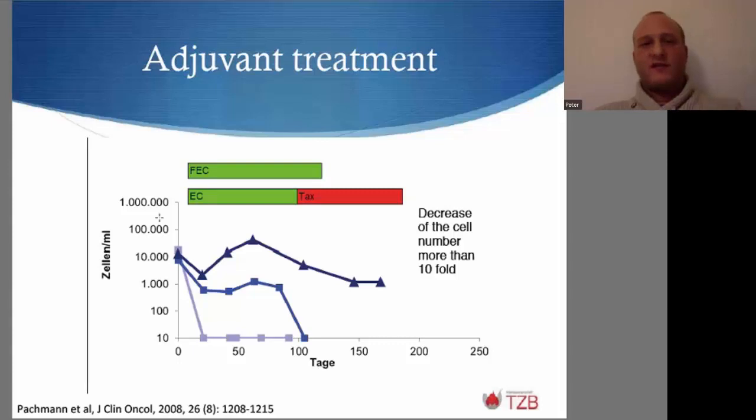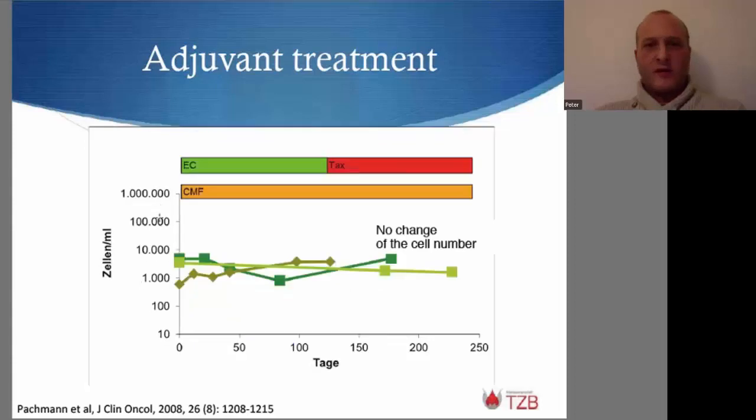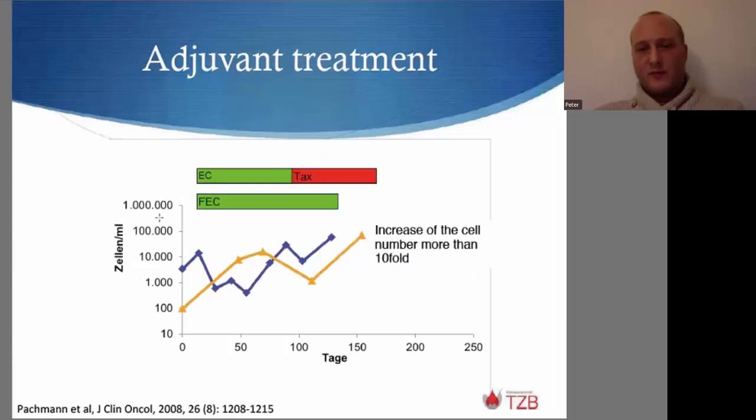This is a normal chemotherapy, but it could be any other cancer therapy. There are cells that do not react to the therapy at all, and the worst case is if there is an increase in cell numbers by more than 10-fold.